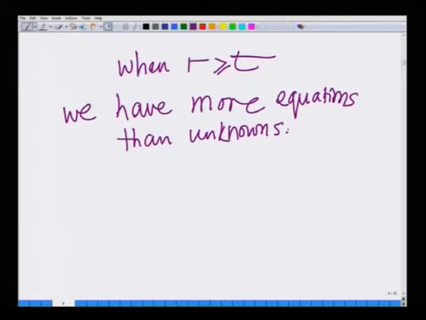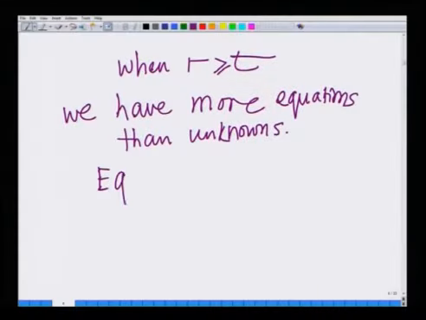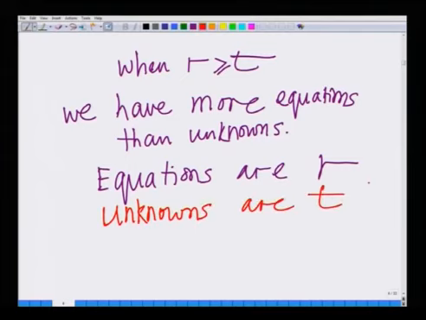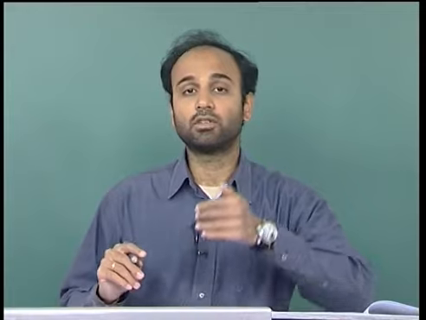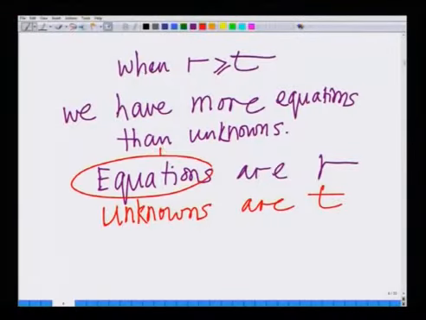Why is that the case? Because we have R equations, one at each of the R receive antennas. However, the unknowns are only T, which are the transmit symbols. Because equations are R, the unknowns are only T, that is, we have R equations, because each receive antenna, remember, we are measuring. So, these equations are nothing but the measurements.